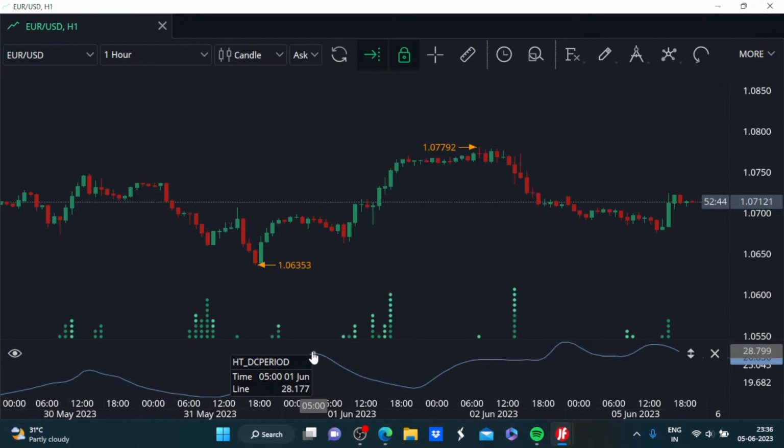how likely the current trend is going to sustain if the HTDC period graph is rising.